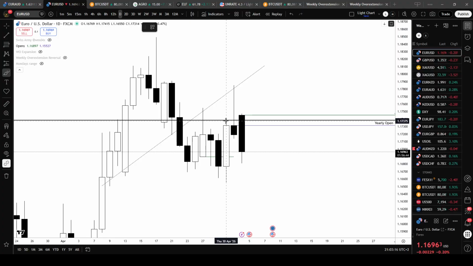I mean, if the market is bullish after you trap shorts below the weekly open and you print a bullish engulfing, the momentum should carry on. We should have closed above the daily bullish engulfing candle, but we didn't. Instead, we print this candle.